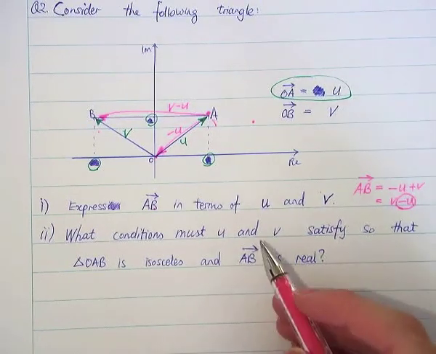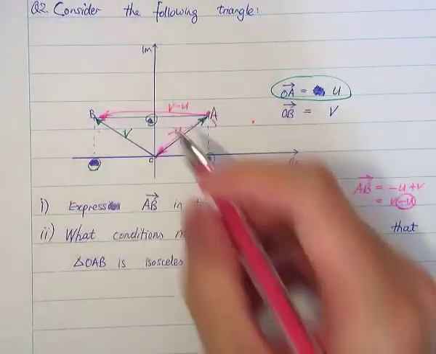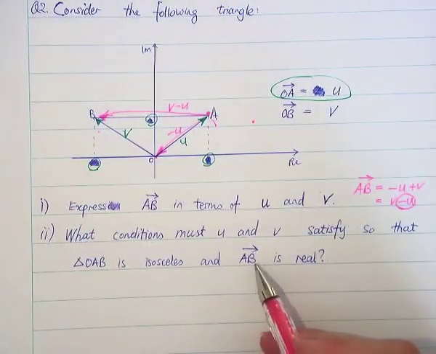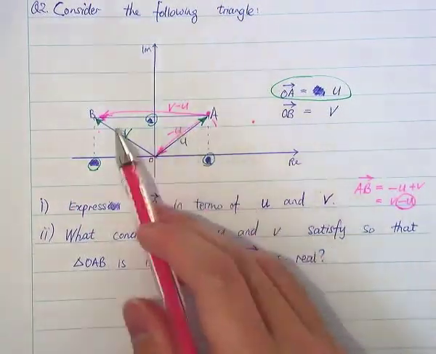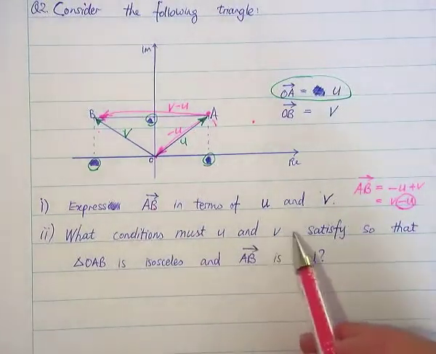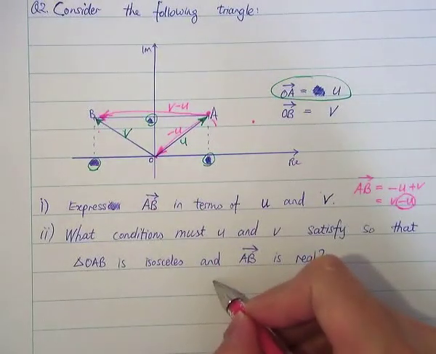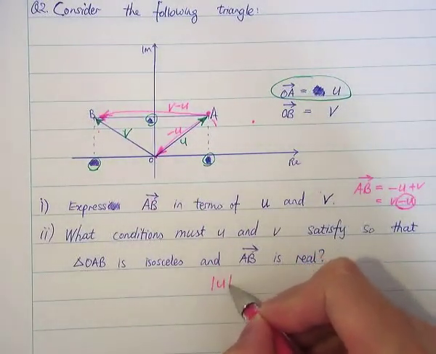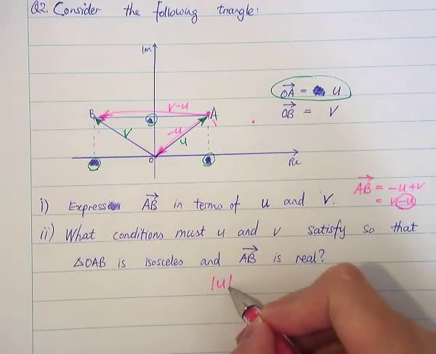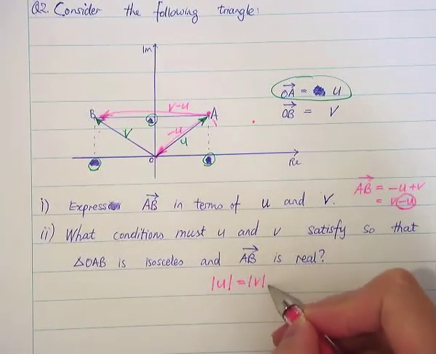Now, what conditions must u and v satisfy so that triangle OAB is isosceles and the vector AB is real? For them to make an isosceles triangle, clearly the length of u, which we write with this absolute value sign, called the modulus, which we'll discuss later, must be equal to the length of v.